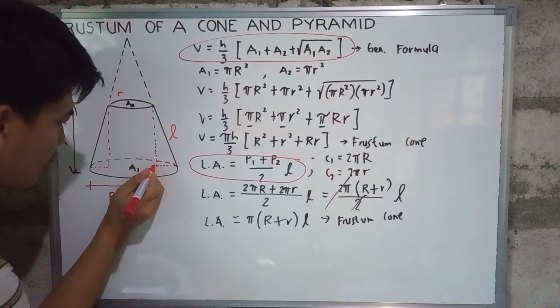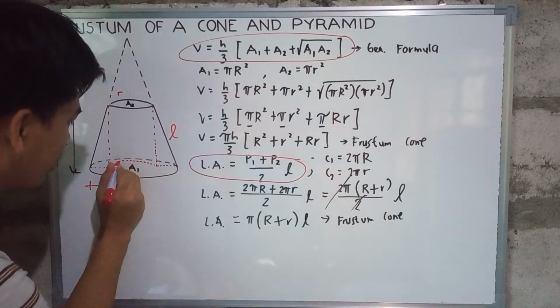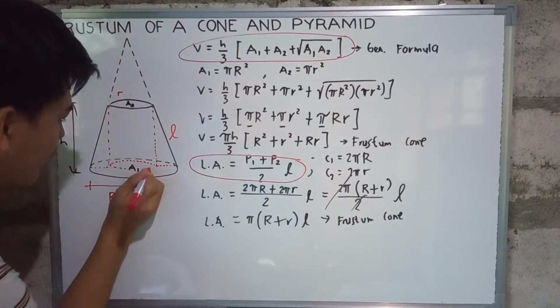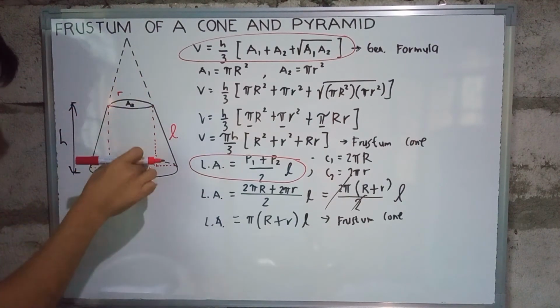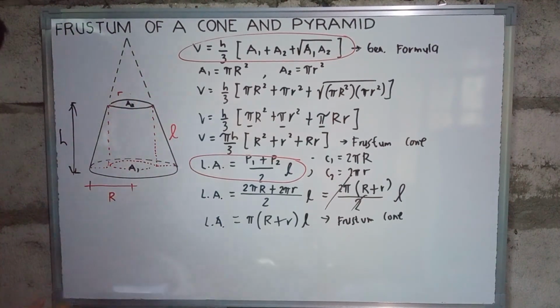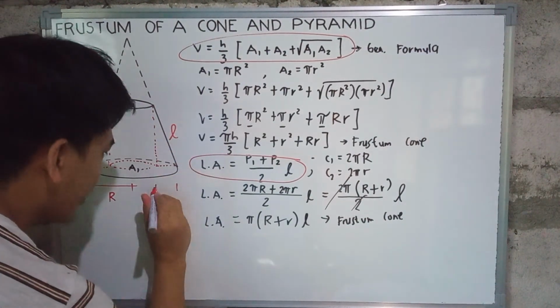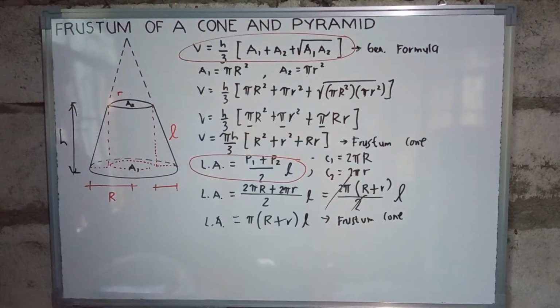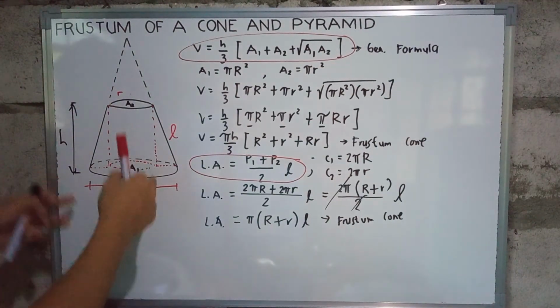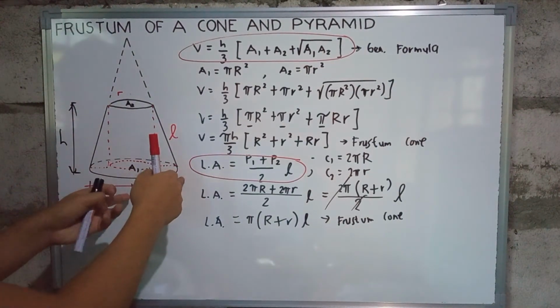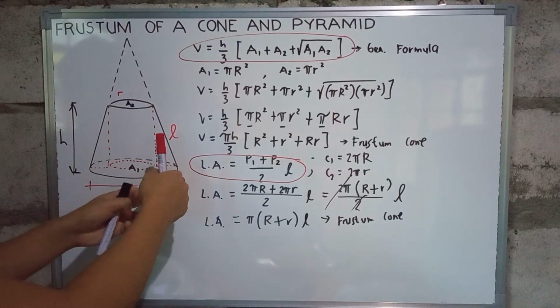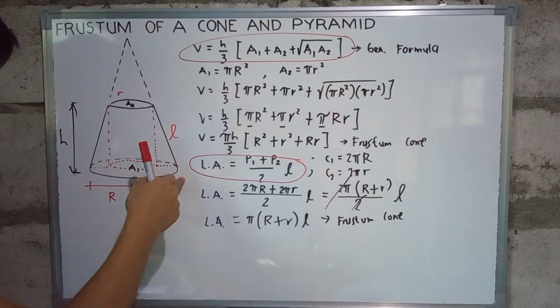So mapapansin nyo kung ipoproject ko sa ilalim yung lower base natin sa baba, from A sub 2, mangyayari is, para makuha natin to, etong length na yan, yung capital R natin, ima-minus natin siya dun sa small r.